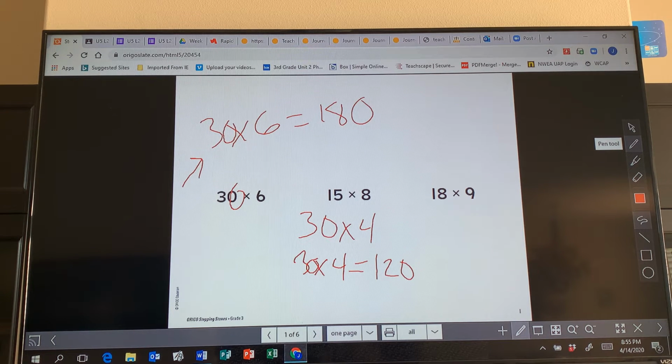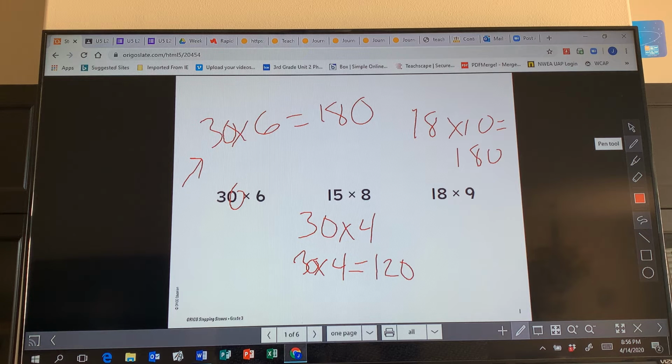All right. Now I can remember with 18 times 9, I remember that if I multiply my tens facts, I can get the same number, take away what I am multiplying the nines fact by. So let's look at that. If I said 18 times 10, that would equal 180, correct? All right.